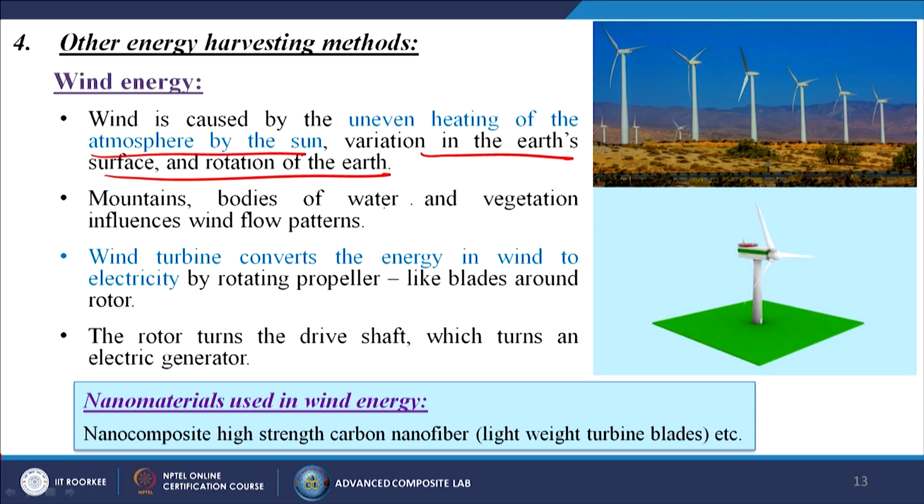Mountains, bodies of water and vegetation influence the wind flow patterns, because at the seashore what is happening? The water is getting heated up, and on the shore side there is nothing. So automatically there will be a temperature difference between the water side and the surface side, and due to that the wind will flow.